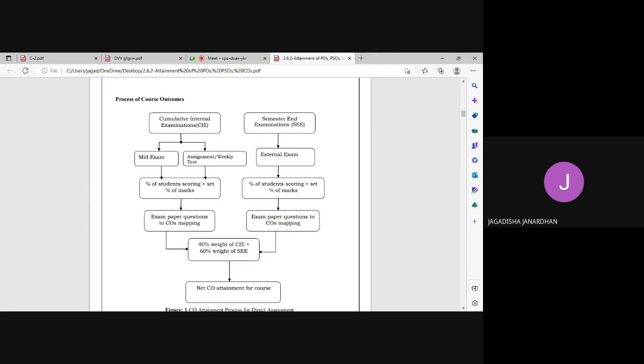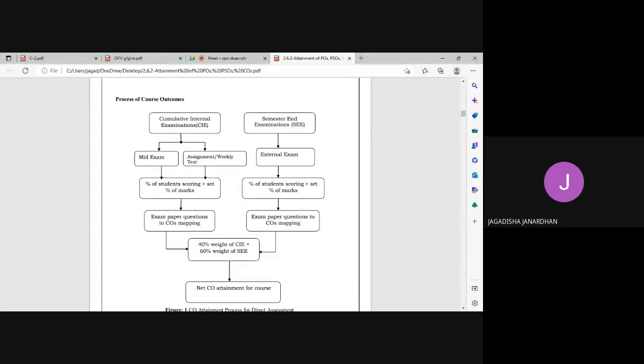First, subject wise, that is course wise, we need to evaluate the attainment level. Attainment here is nothing but the scoring of the students. The two portions speak about the internal exam and the semester end examination. In the internal exam, there might be marks given to the assignments or weekly tests or midterm exams.